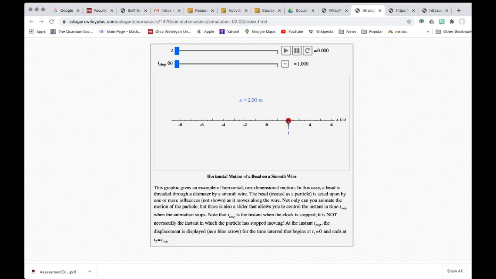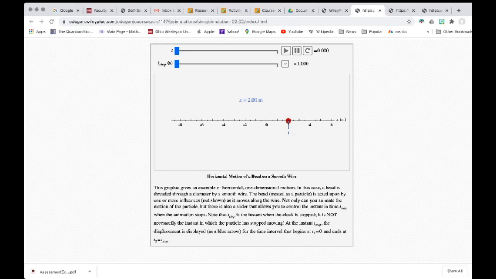Horizontal motion of a bead on a smooth wire. And it's going to represent a bead moving along an x-axis, where the x-axis is a smooth wire, and the bead has been threaded onto this wire and can move on this smooth wire. And something, we don't care what right now, is causing it to move. And we're going to run an animation. It's going to start at time 0, t equals 0, and it's going to end at the time chosen by this slider labeled t stop, which right now is 1 second.